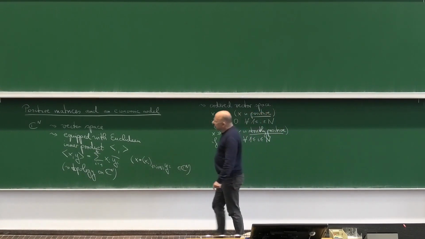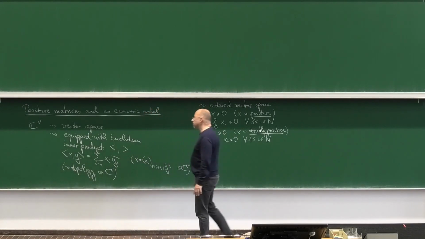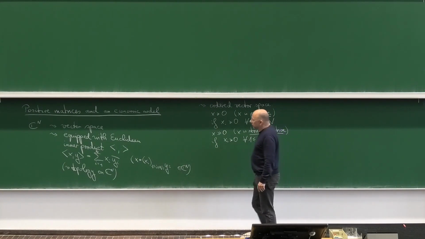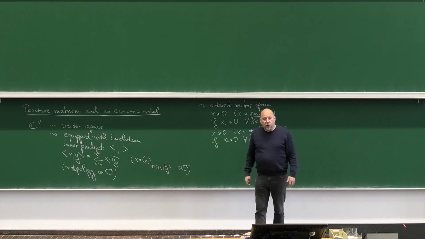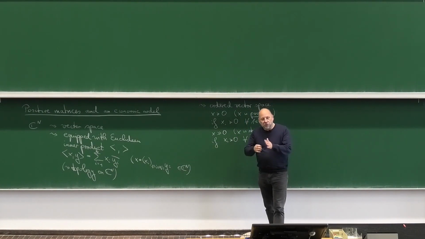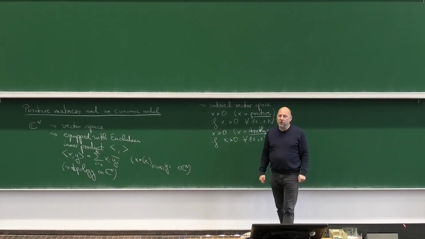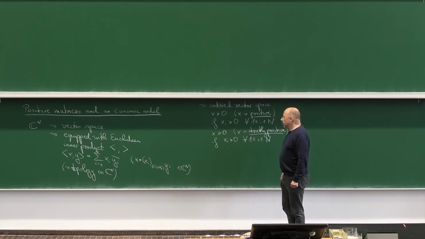So we see this vector space with two more structures, a topology and here an order, and we can define the set of all positive vectors. That's the positive cone. So in R2 it would be one quadrant of all vectors where the first and the second component are greater or equal to 0. So the cone is a closed subset of the space here.